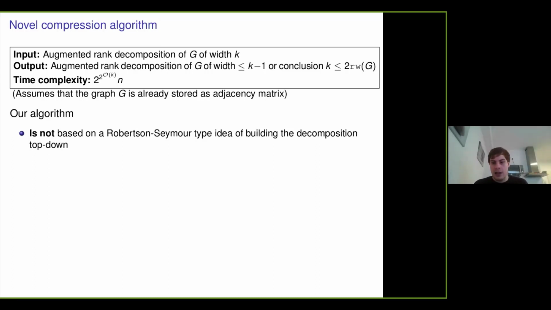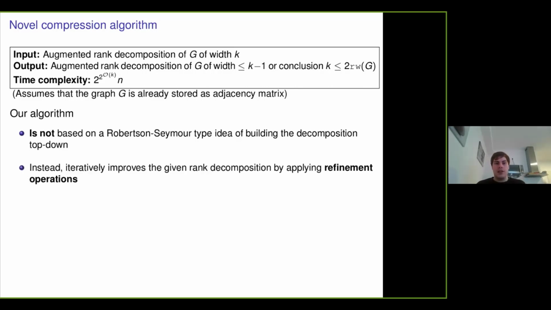The usual idea is to start from the root, split the graph with some small separator into 2 parts, and then recursively go into the 2 parts and build a decomposition for them. But this algorithm is not based on this idea. Instead, it uses some ideas from my recent tree approximation algorithm.